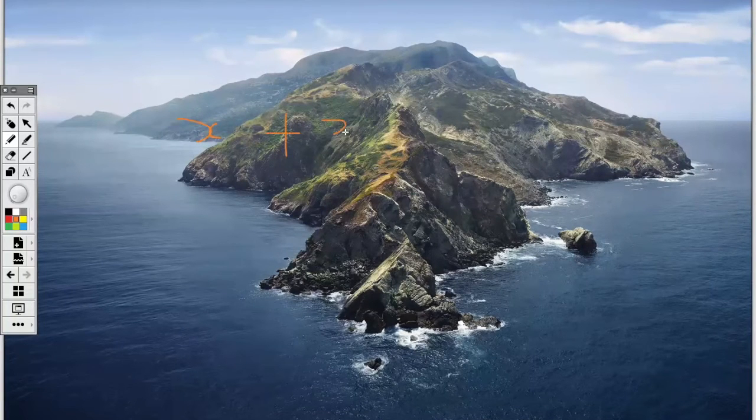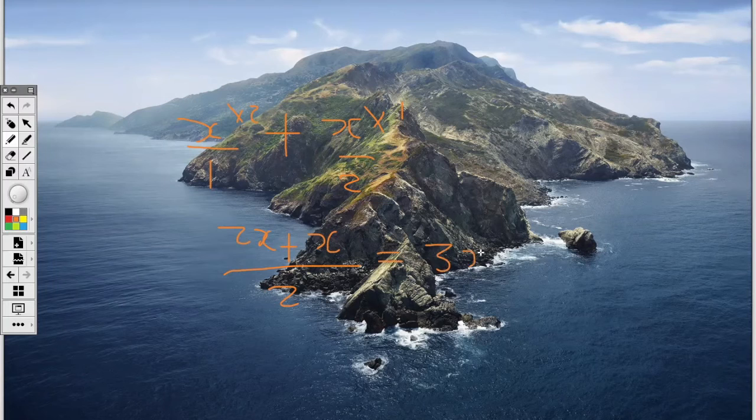Put this over 1, find LCM, 1 into 2 goes 2 times, 2 times x, 2x, 2 into 2 goes 1 time, 1 times x, x. 2x plus x gives us 3x over 2.